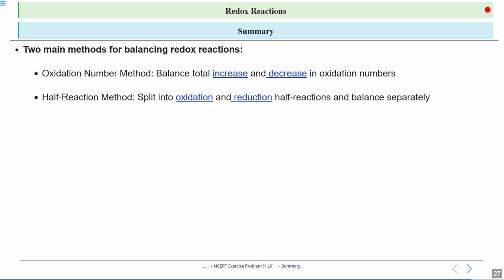While the second one is the half reaction method, in which the reaction is split into oxidation and reduction half reactions and balanced separately. This I will be telling you in the next lecture, that how can we balance the chemical reaction with the half reaction method.